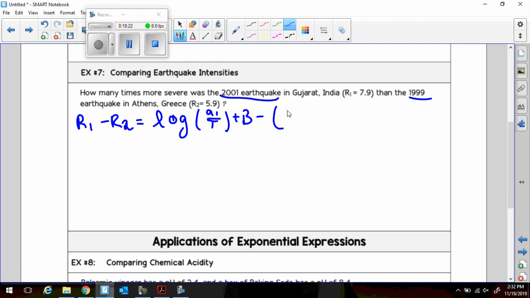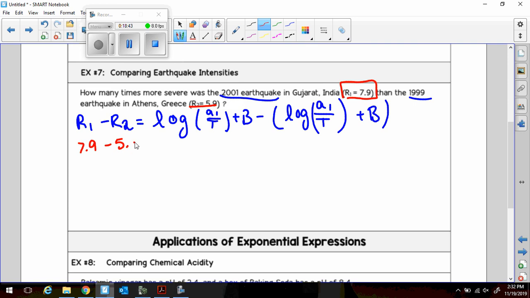Okay, so log of A sub 1 over T, plus B. I'm just going to plug in the things that we know. All we know is that the R1 was 7.9 and the R2 was 5.9. But that's really all we need. Watch.